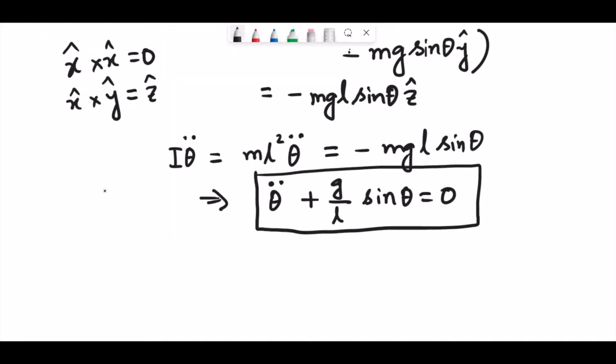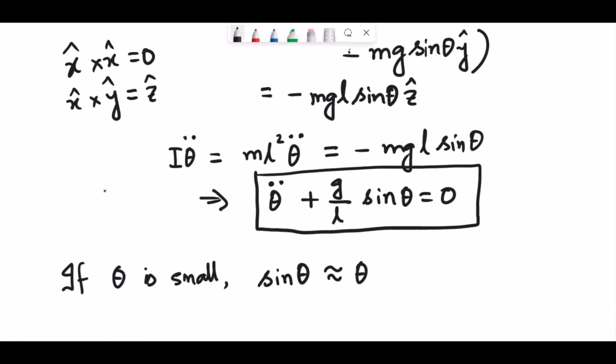Now, if the maximum value of theta is small, then we can approximate sine theta by theta. Why?